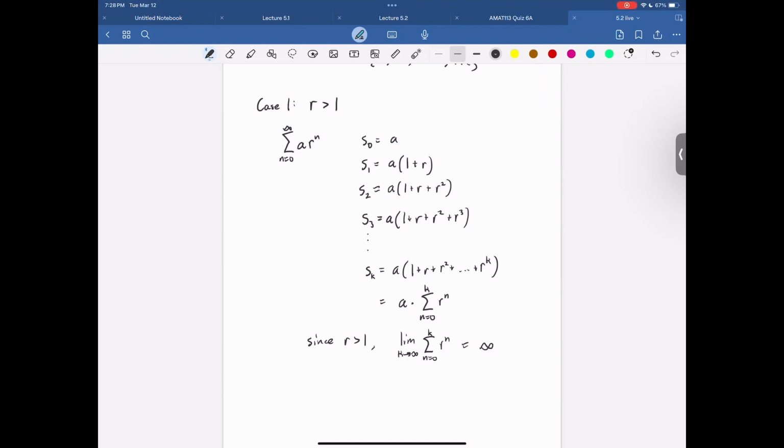And eventually it's going to blow up. And so whenever you have a geometric series where the ratio is greater than 1, that series is going to diverge.